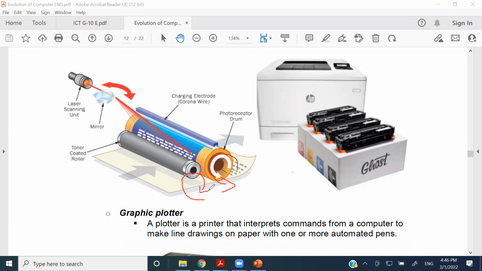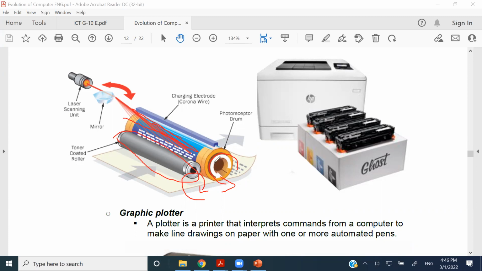So when this toner is placed with the drum, on the places where it got the heat, the toner dust is pasted to it. So the toner dust sticks to the places on the drum that have been heated.